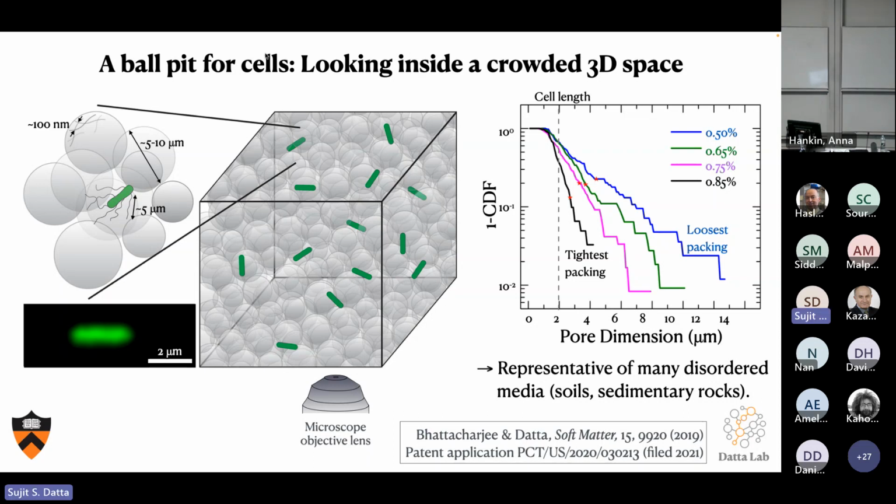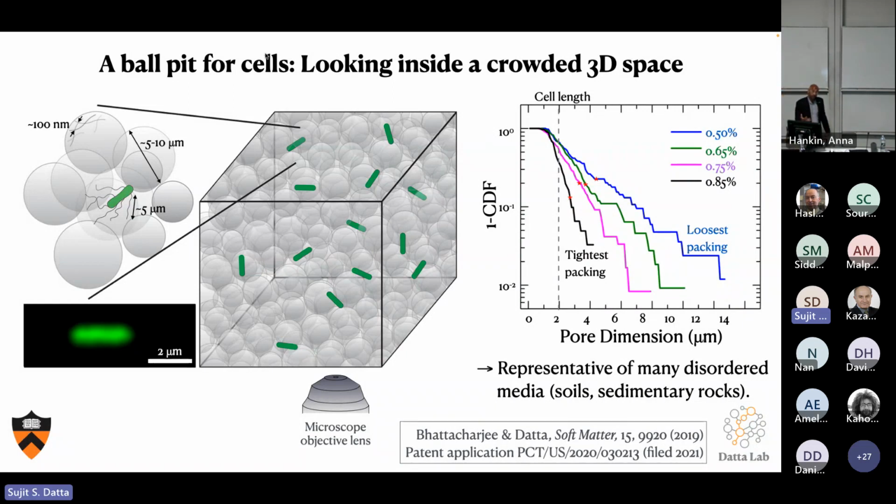The reason why they form solid packings is because the hydrogel is so highly swollen. But because they're made of over 99% water, these packings are completely transparent. And so we can then put fluorescent cells inside the pore space and visualize them as they move in 3D using confocal microscopy. And so that's what we did.